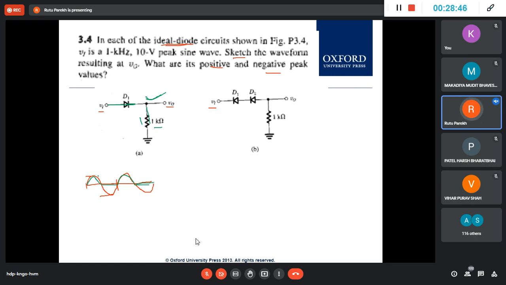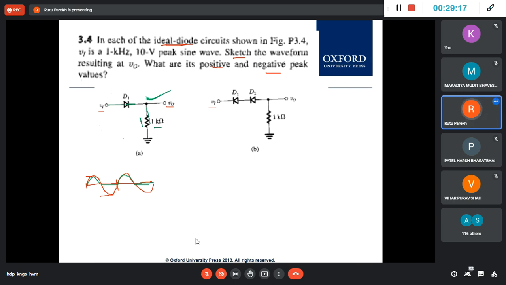Your V is changing and hence your I through this will also change. So I is equal to V upon R. Voltage divided by R is your I flowing. So your I will change as per the voltage.